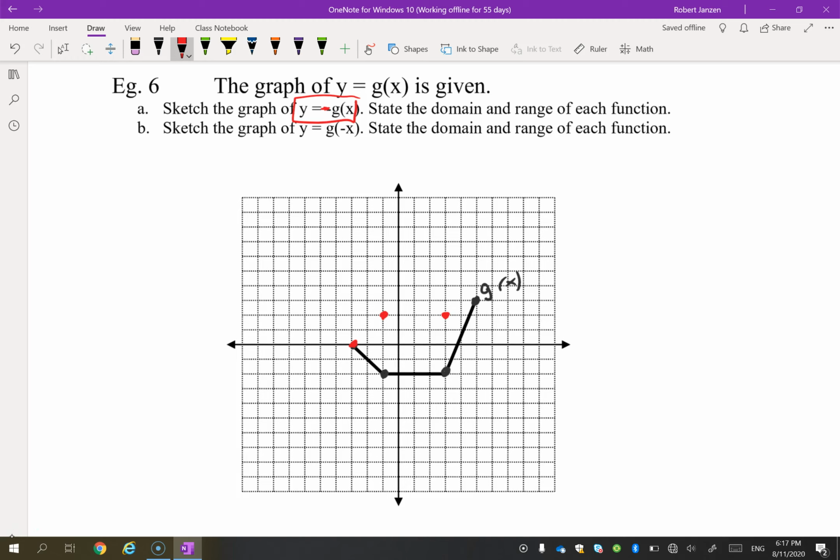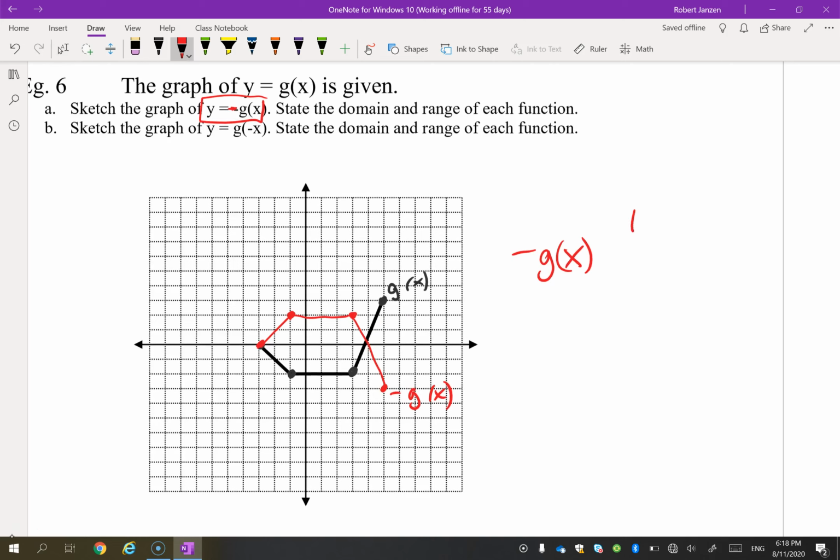So something like so. This is negative g of x. It says state the domain and range of each function. All right, let's state the domain and range of this. What is the domain? The domain is from -3 to 5. And what is the range? The range is from -2 to 3.